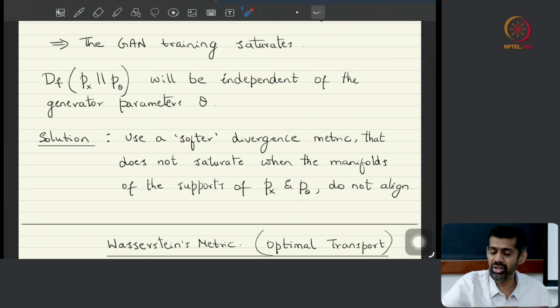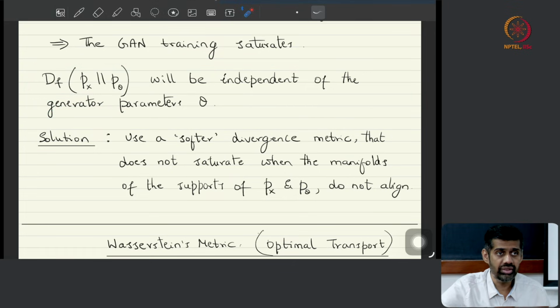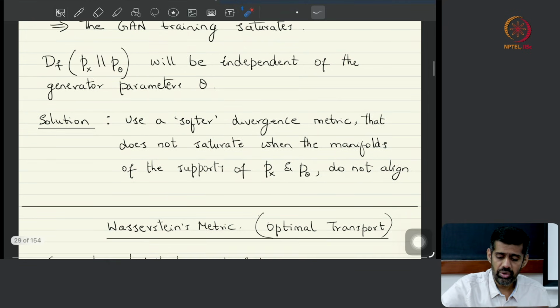This can be proved, and you can take it as a nice homework: if you can find a discriminator that gives you 100% accuracy, then the underlying F divergence function will become independent of theta. Once it becomes independent of theta, the training just stops there because you do not have any signal for the generator function. Okay.